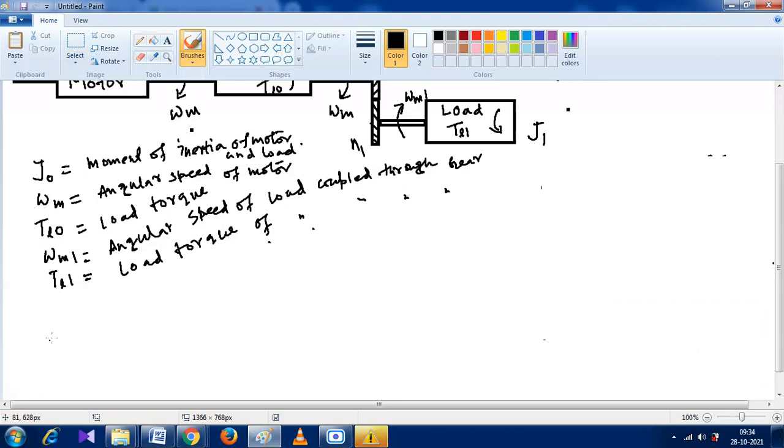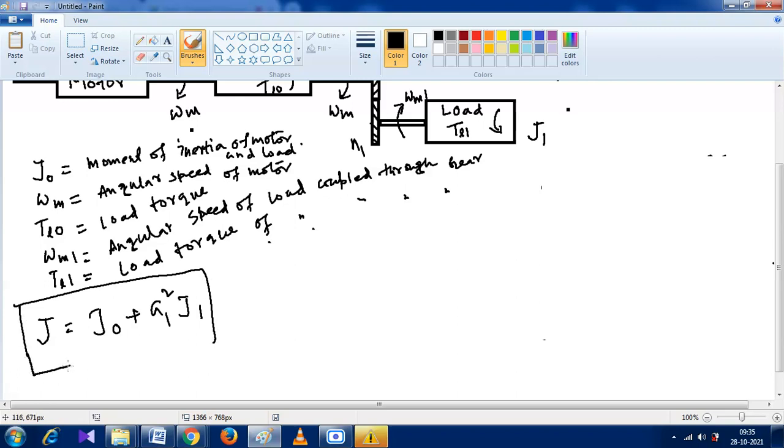What we get, one equation is J is equal to J0 plus a square into J1. This is our one equation. And suppose we have an efficiency of transmission, that means when we transmit power through a gear, there are some losses in that gear.